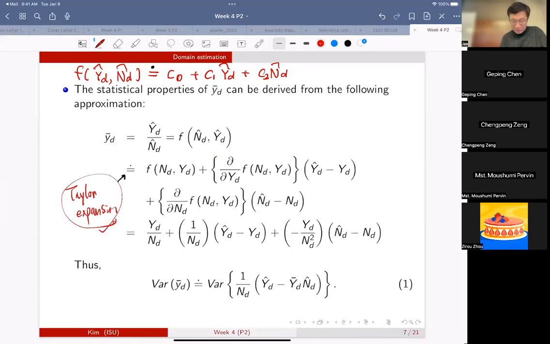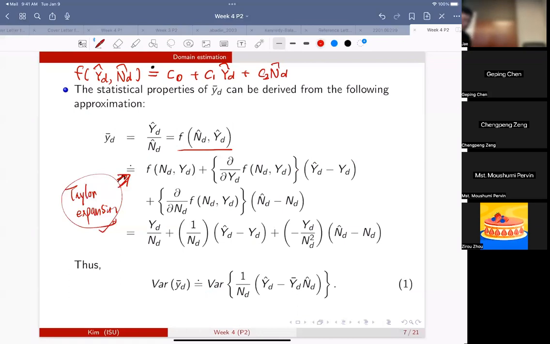So the Taylor expansion is a really important technique, and we repeat it a lot, but let's do it one by one. Once you write it this way, we should expand with respect to its expectation.